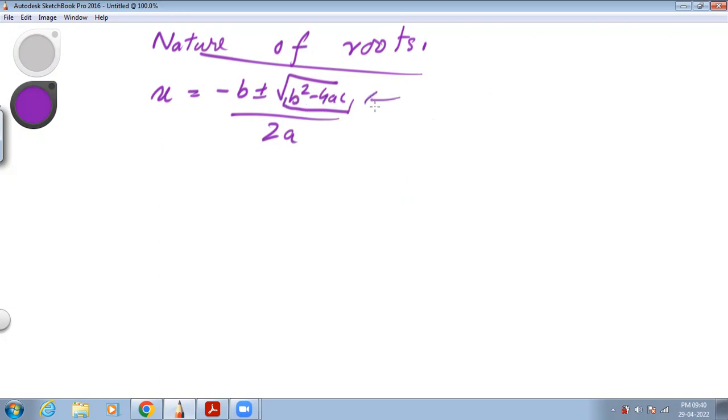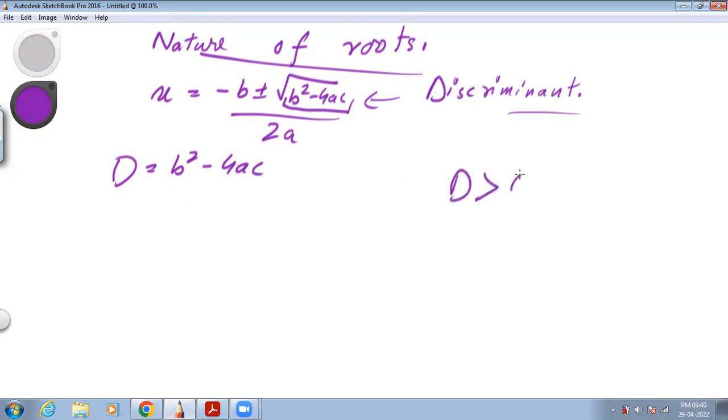And that part is also called the discriminant. It is written like this: d equals b square minus 4ac. Now if the discriminant is greater than 0, then it will have two distinct roots, so you actually have two values, and plus minus of that value you will do.